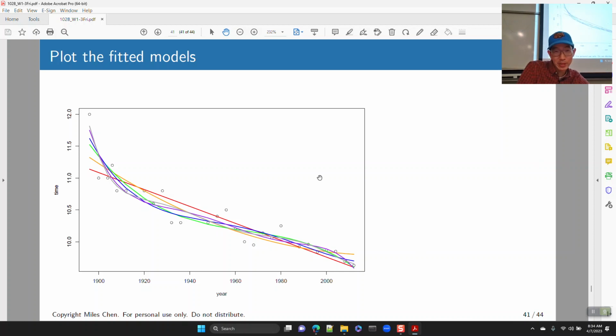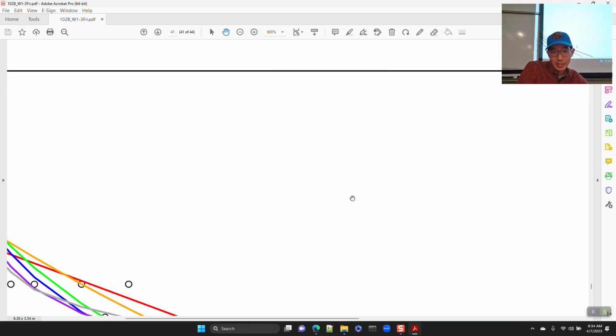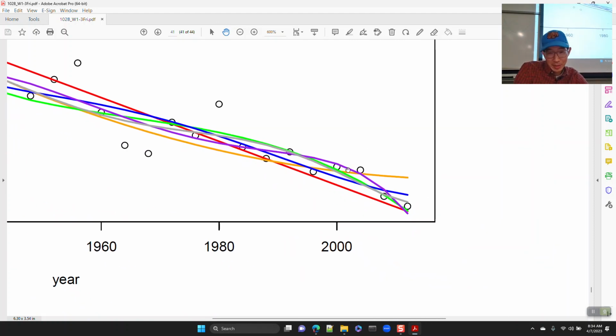What is the best fit? We can start seeing there's a little bit of trouble because look at this purple line. It's starting to take a dive. It's like we're going to get rapidly fast really quickly, and we go, oh yeah, that probably doesn't make sense.